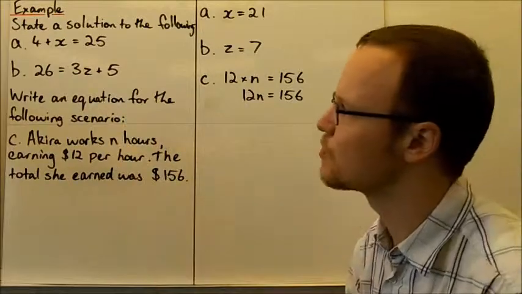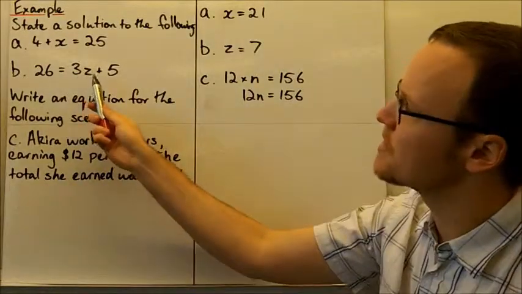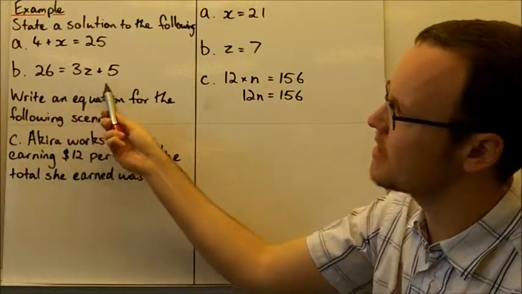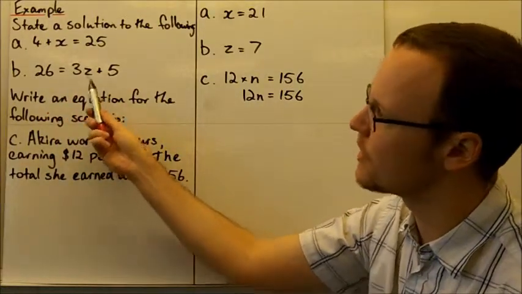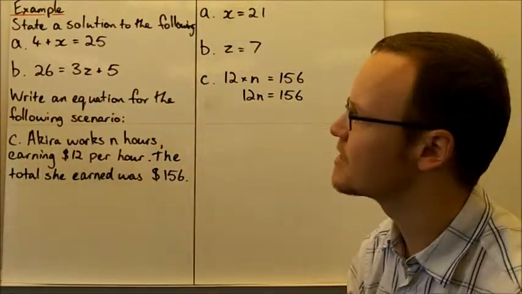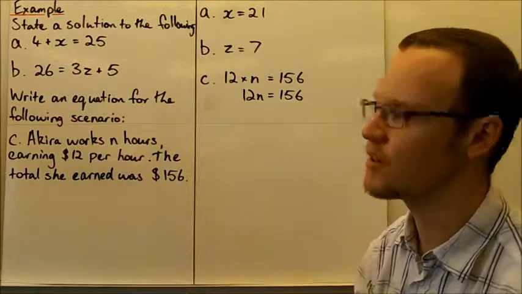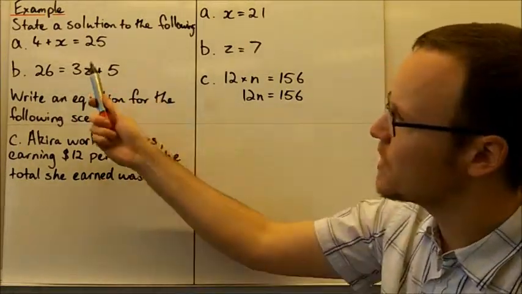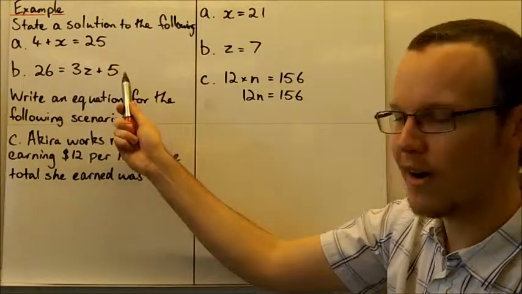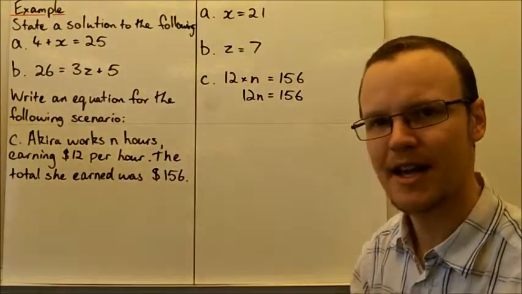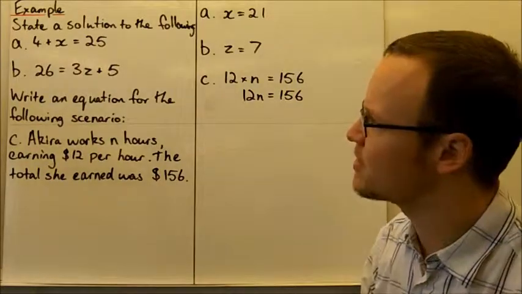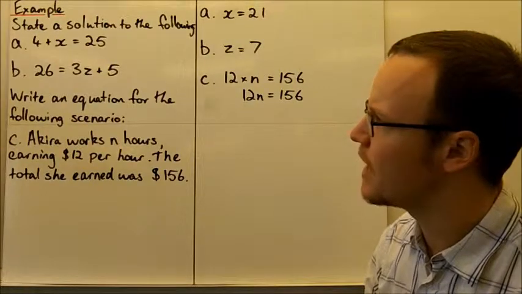Now, let's have a look at 26 is equal to 3z plus 5. Here's the expression on the left-hand side and here's the expression on the right-hand side, 3z plus 5. We need to see what value for z is going to make this true. We need a number that, when multiplied by 3 and then added to 5, gives 26. Let's think: 3 times 6 is 18, plus 5 is 23.